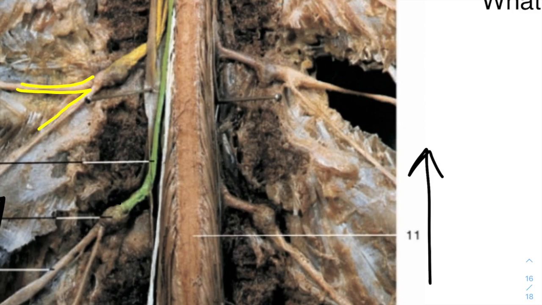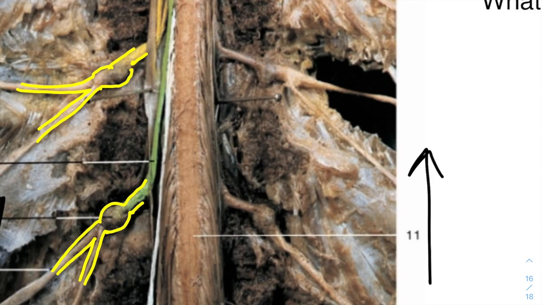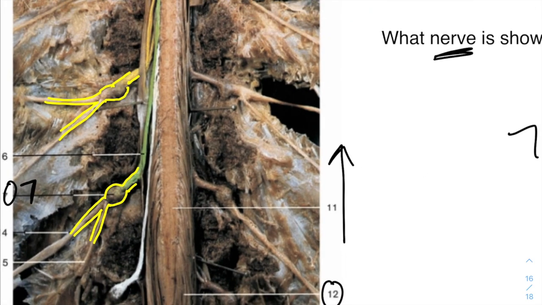The other nerves are going straight. But before they go out, there's this little bit of a circling outpouching that gets thicker. Same thing here. It gets thicker, and then the nerves branch off. So number 7 is directly pointing at this thick region. What is that? If you said that's the dorsal root ganglion, then you are correct.